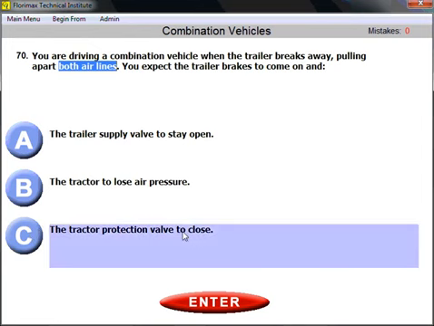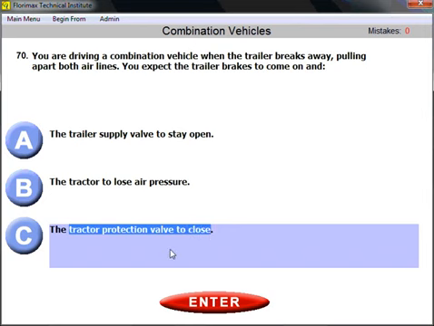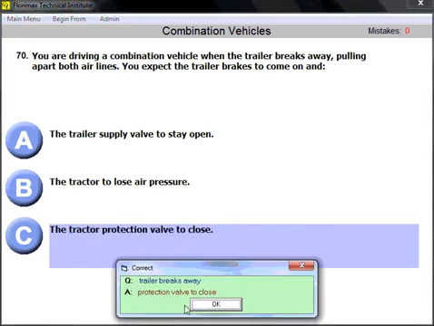That's the general regular sequence of events in that emergency situation. If both lines are broken, pulled apart, then you expect the trailer brakes to come on and your tractor protection valve to close to secure the tractor air system, right? The tractor protection valve to close.